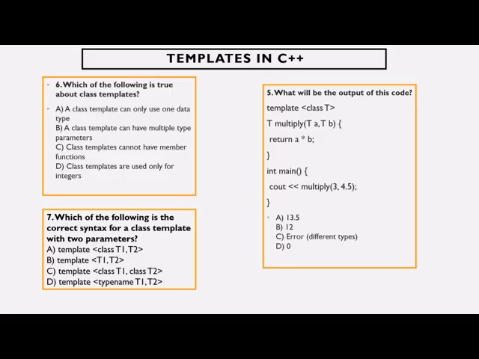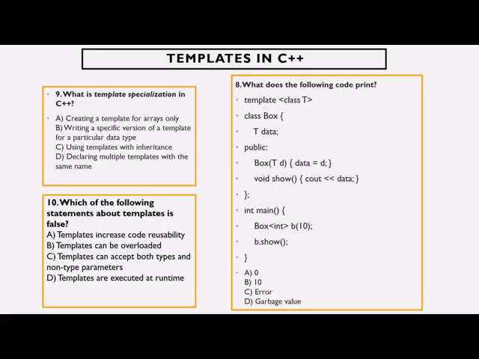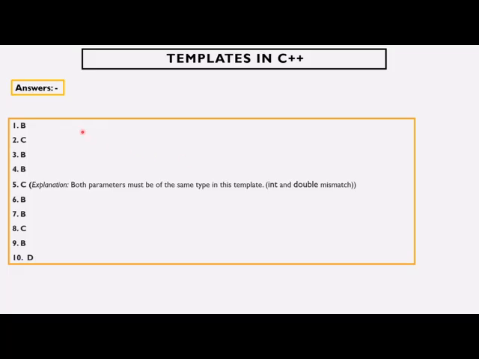A class template can only use one data type, can have multiple type parameters, cannot have member functions, or is used only for integers. Which one of them is right? Which of the following is correct syntax for a class template with two parameters? What does the following code print? What is template specialization in C++? Which of the following statements about templates is false? So here are the answers.